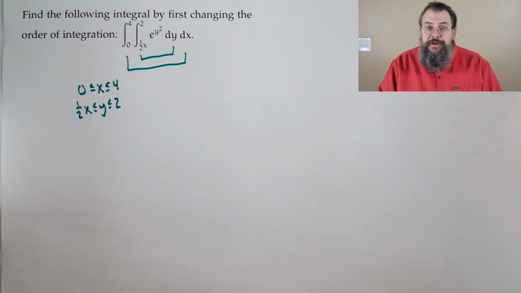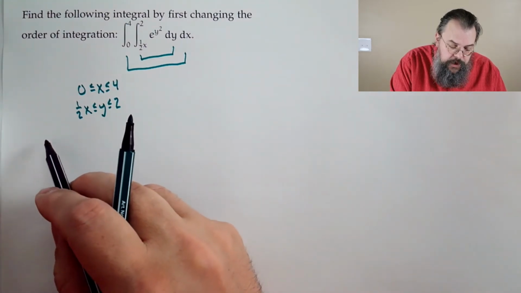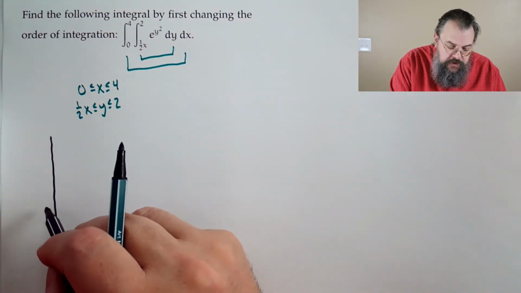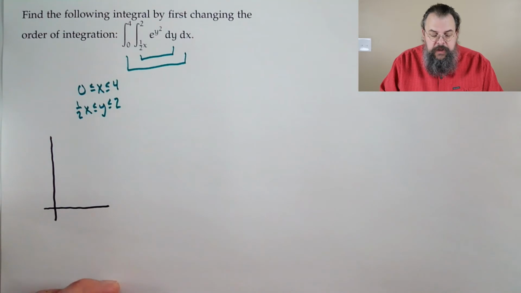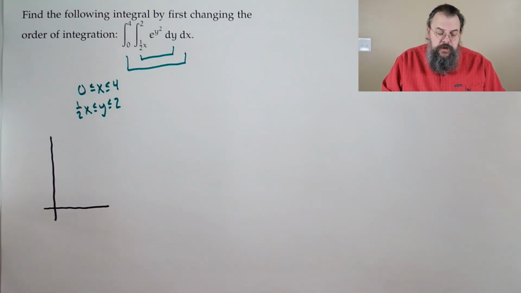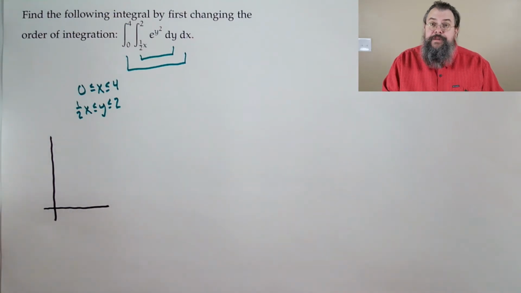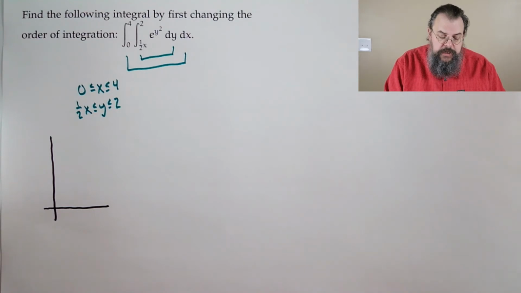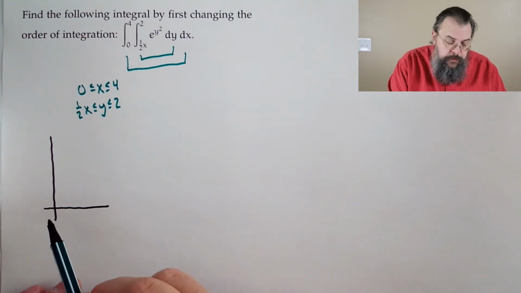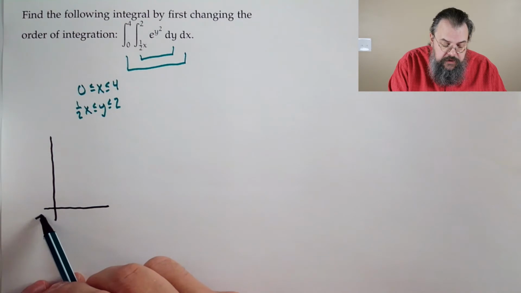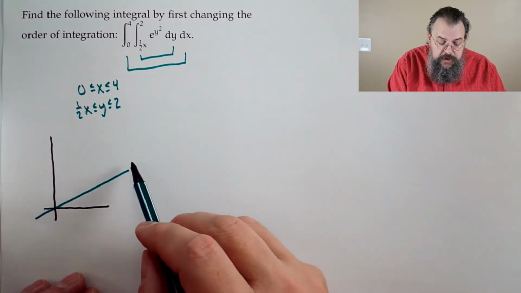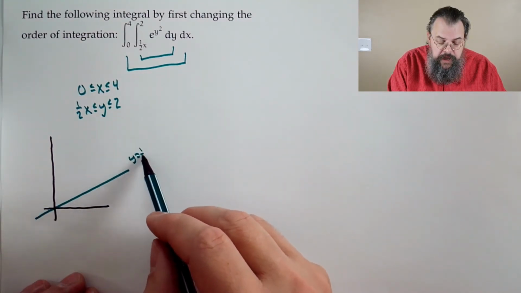Well, okay, we've got to draw our picture, get a sense of what's going on here. The only real curve we should worry about is y equals 1/2 x. That's not hard to draw. It's a line through the origin with a slope of 1/2. So it does something like this. So there's the line y equals 1/2 x.